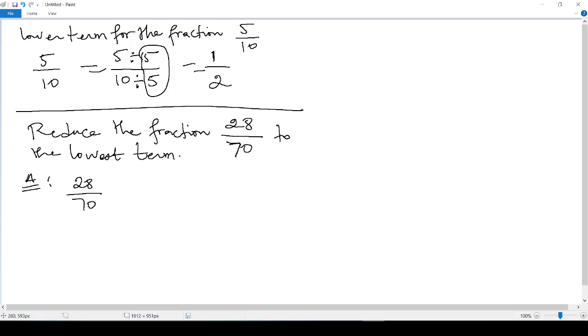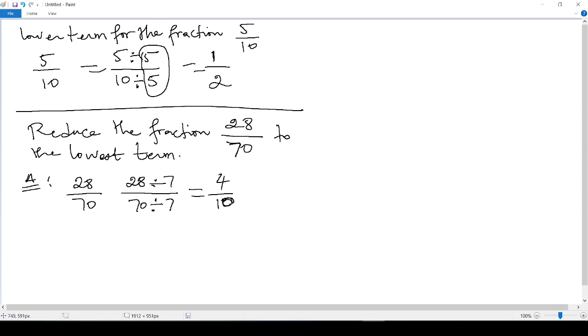And we see that we can divide both numbers by 7. So let's do that. We do 28 divided by 7, 70 divided by 7. And what do we have? 28 divided by 7 is 4. 70 divided by 7 is 10.